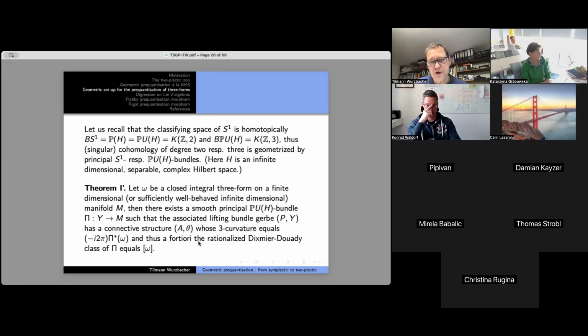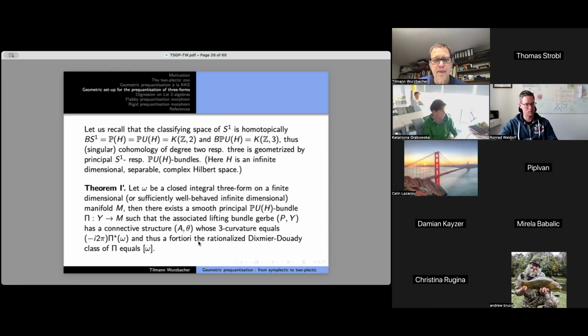And again, it's rationalized because I don't see torsion, because I started with a form. Is it a two form? Omega is a 3 form. No, theta, your connective structure. Yes, theta is a 2 form, and d of it is the omega. I will write it down in a second. It's exactly what you say, up to some factors and pullbacks.